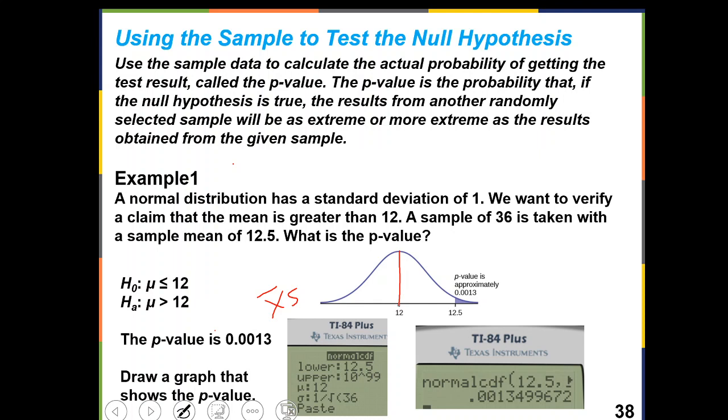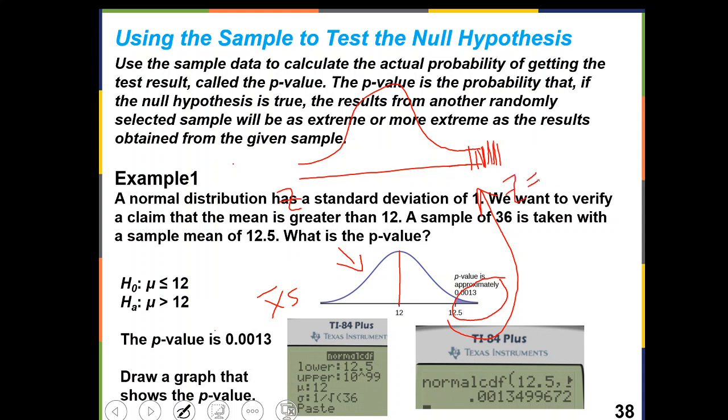So it's better to just convert to z. We could ask how much area is to the right of 12.5 under this distribution, or, better even, we can convert this number to z and see how much area is to the right of that number. And that number, z, is the one I just wrote.